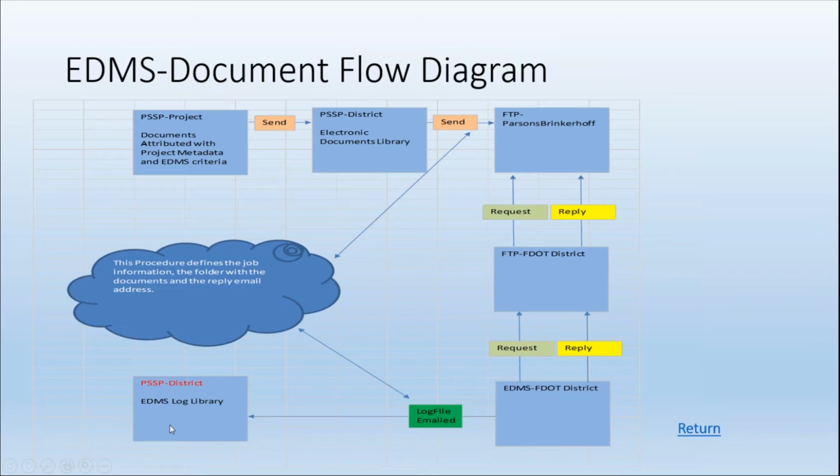There's something wrong here. You can go back to this log and get those EDMS document numbers that were created when they got sent and put those into your project document attribution information. We're trying to work on an automated process for making that happen as well.